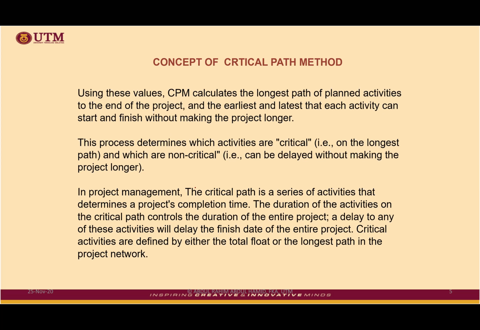Okay, so the idea of critical path is basically to know what are the critical activities. The critical activities, for simplicity purposes, we can define when total float equivalent to 0. So those activities are critical. What are the critical path?